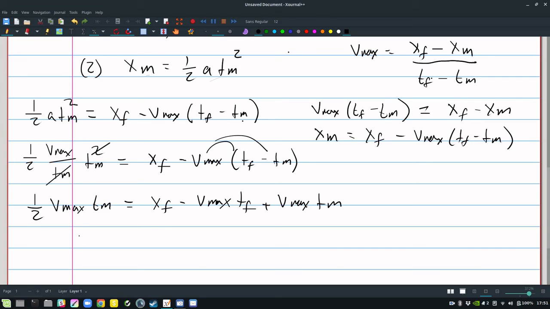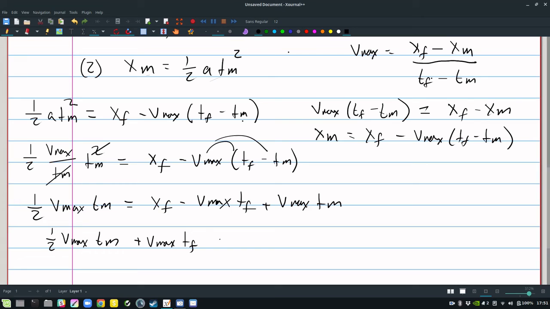I want them to be positive. Let's see. How about I put the v maxes on the left hand side. So v max tm. I'm going to add v max tf to both sides. So plus v max tf. That will cancel this second term here.